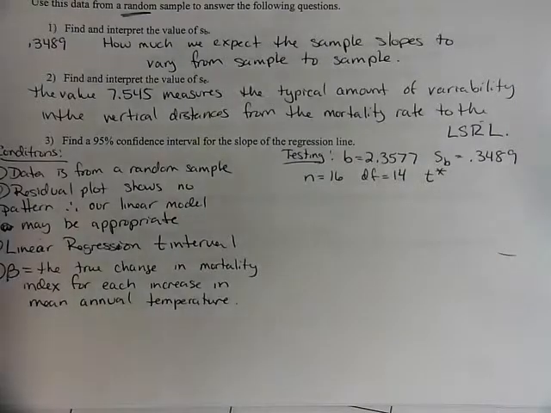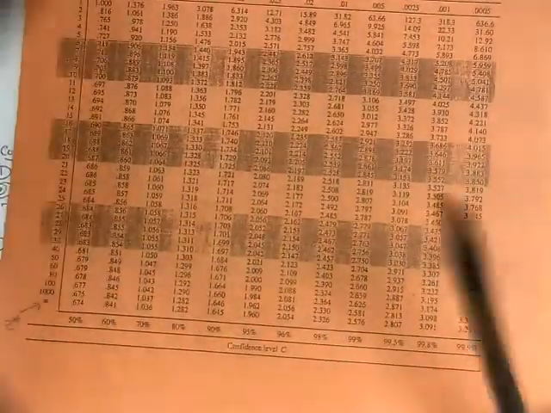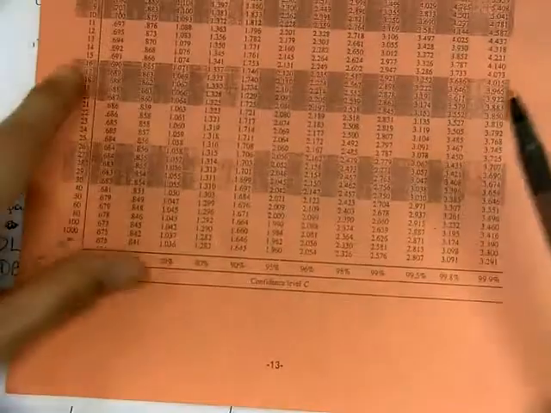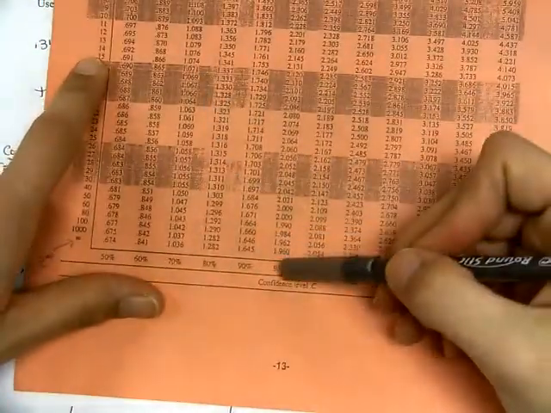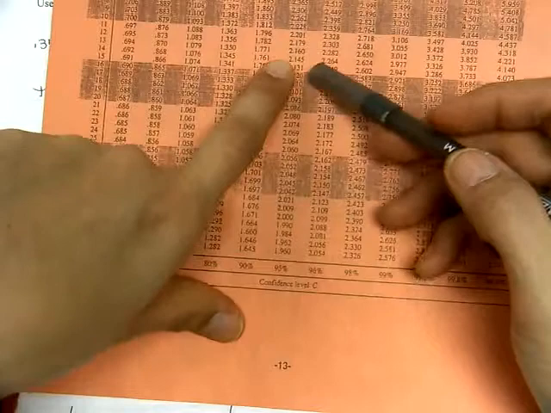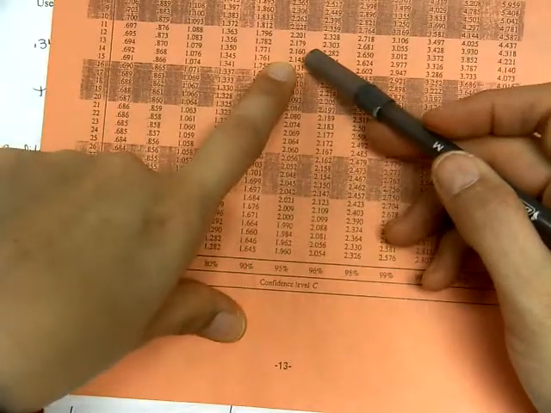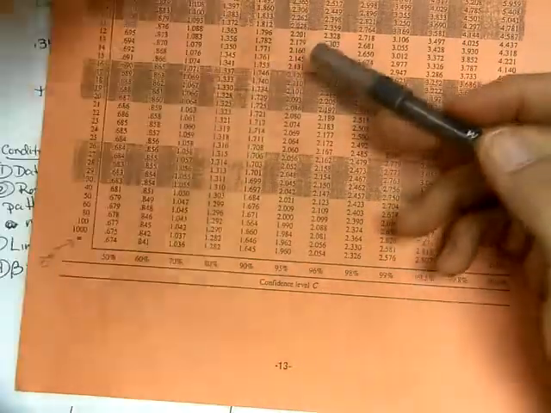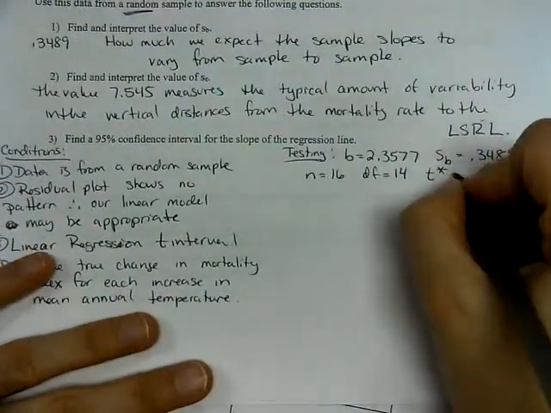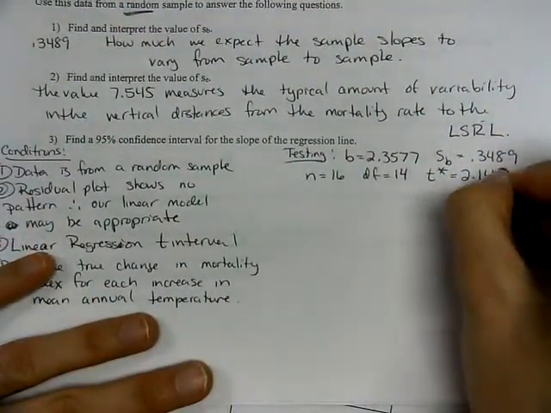Go to your formula sheet, row 14, we're doing 95%. 2.145.